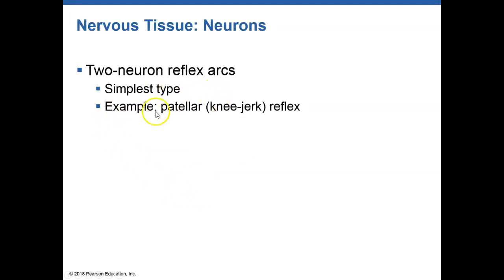There are two groups of reflexes we'll talk about. The two-neuron reflex, which is a simple reflex. An example would be the patellar reflex, the knee jerk reflex that you have done every time you go to a doctor for a checkup, and they hit right below the patella.